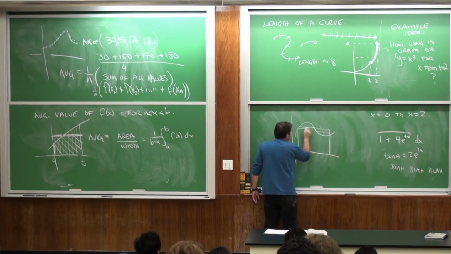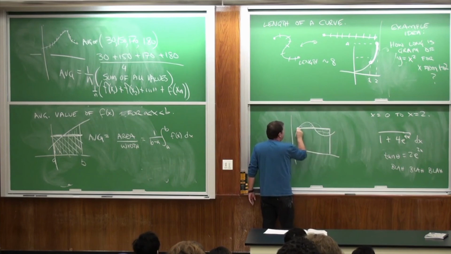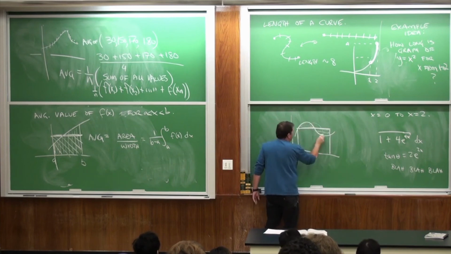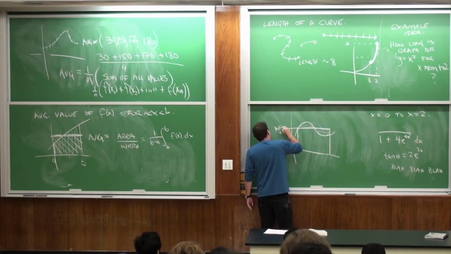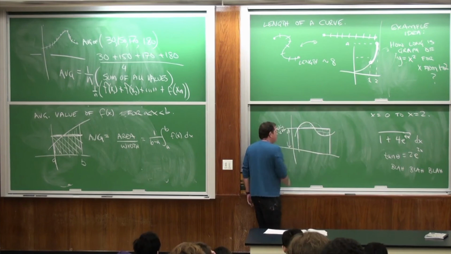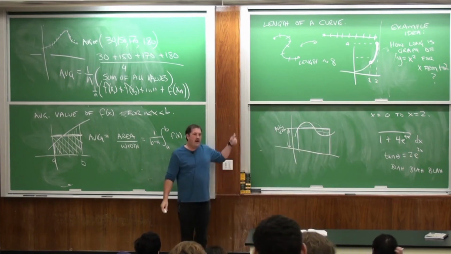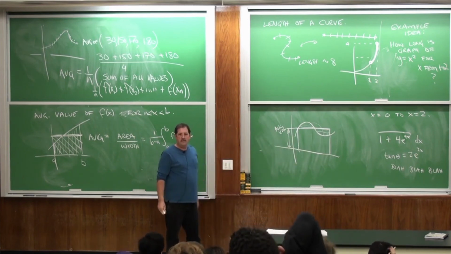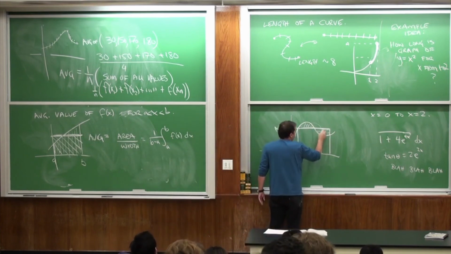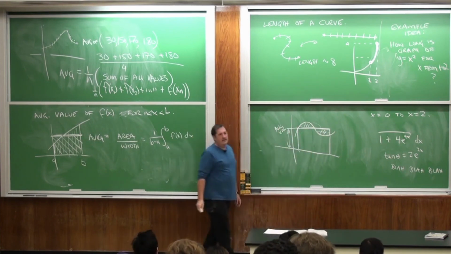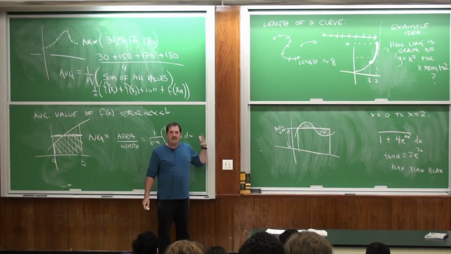And I just smooth this out here. And so this is my average value. It's this height. There's as much stuff above as there is stuff below. It's just the idea of I cut the top off and I fill in the valley. And I make a rectangle of that height.